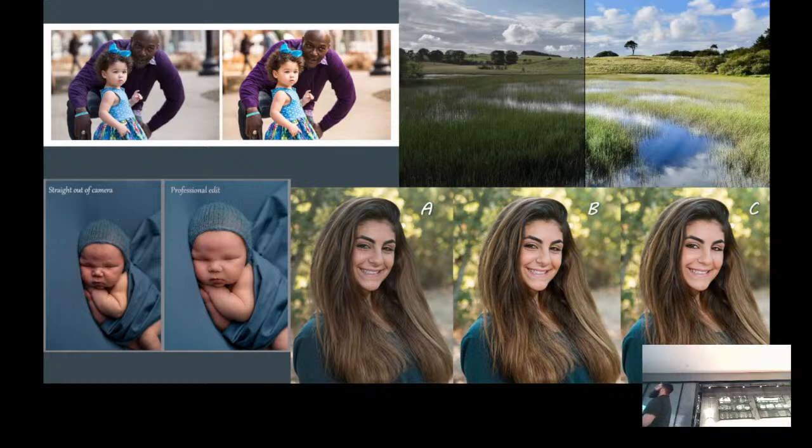It could be as simple as lightening up the image if it's too dark, making sure that the hair on the girl shows the highlights and the texture you want to see, taking away the harsh shadows on the baby's face, or brightening up the purple and the blue of our two people in the first picture. There's a whole list of reasons why we might want to edit our photo, but the idea behind it is that we want to try and get that extra 20% out of the image that's there for us to take.